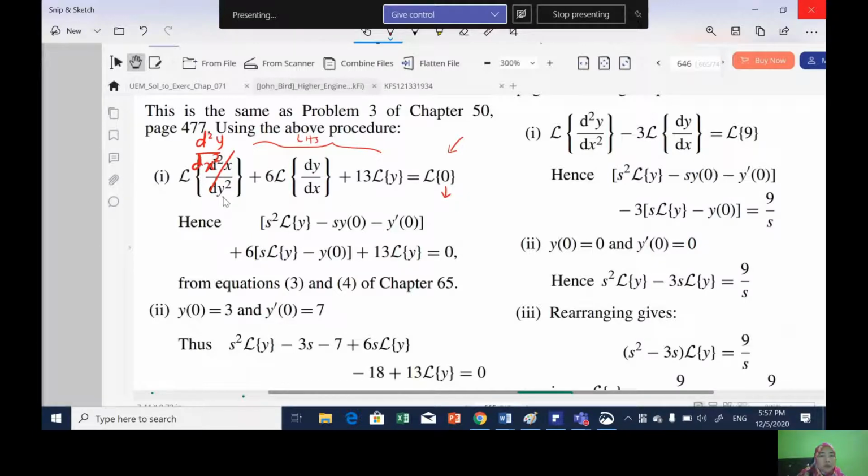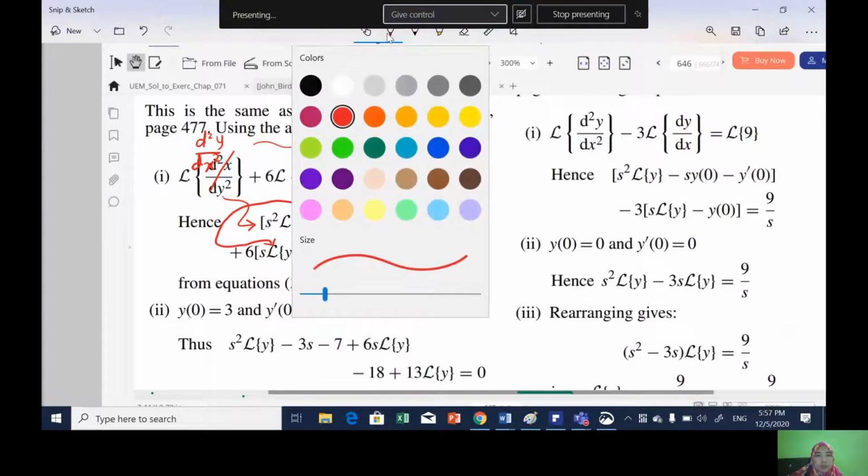For the second derivative, this is the meaning. For the first derivative, this is the meaning. This is given generally. The ODE is based on dy/dx, correct? This one is second order, and dy/dx is the first order. Whatever order of the differential equation, it will be transformed to the one given here in the brackets.